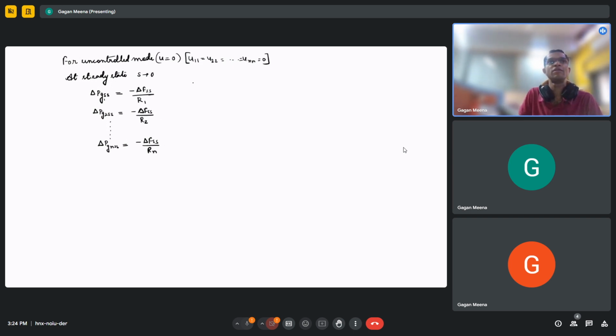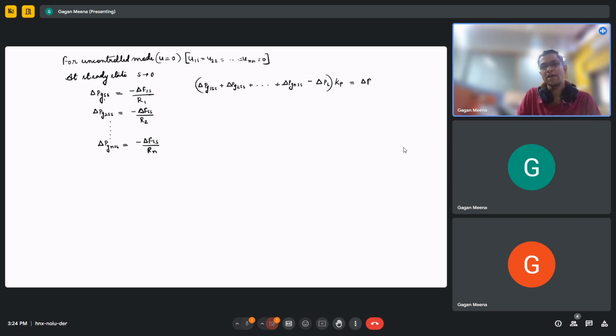And we also know that delta PG1 steady state plus delta PG2 steady state up to delta PGn steady state minus delta PL is equal to this multiplied by Kp divided by 1 plus STP, and s is 0, so it is Kp.